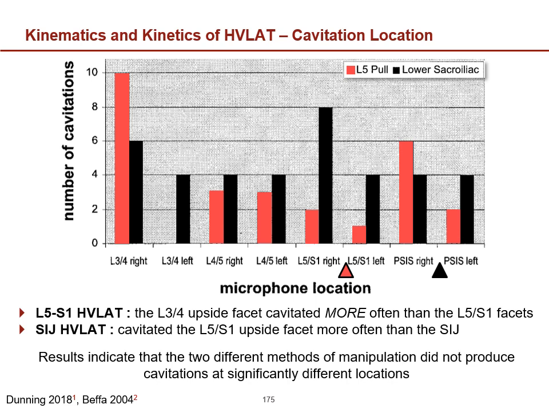And then the SIJ cavitated at the L5S1 upside facet more often than it did at the actual target segment of the SIJ. The results indicate that the 2 different methods of manipulation did not produce cavitations at significantly different locations, and thus you could expect as much when performing these techniques within the clinical setting.